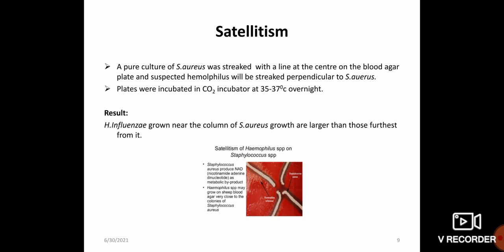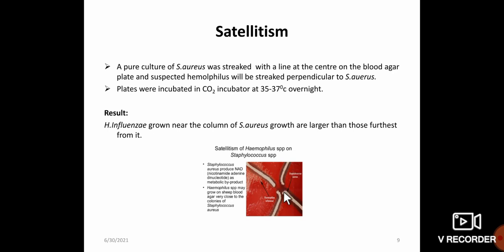So in satellitism, the alternative path is used, by exposing the bacteria to the NAD and NADP factors. How do we do this test? We take a blood agar plate and inoculate Staphylococcus aureus with a line marker, as we can make out in this picture. The center is the Staphylococcus.